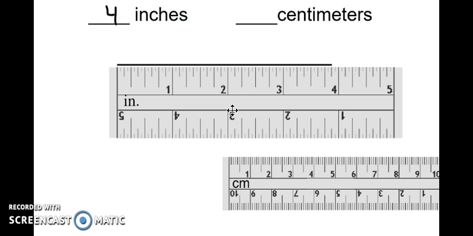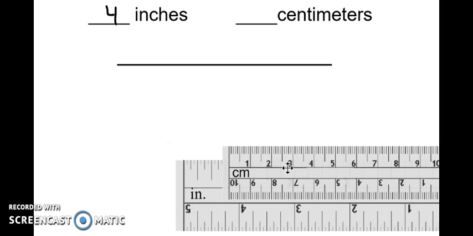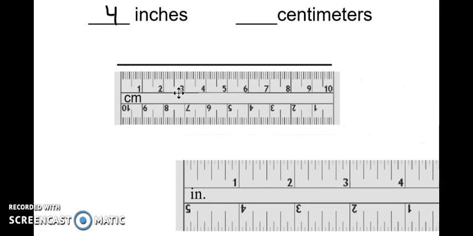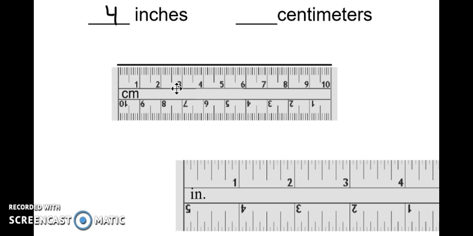And then I'm going to take my centimeter ruler and measure the line again, lining it up carefully at the end where the 0 would be, and then looking to see which number it's closest to. So here it's closest to 10, so this line would be 10 centimeters long.